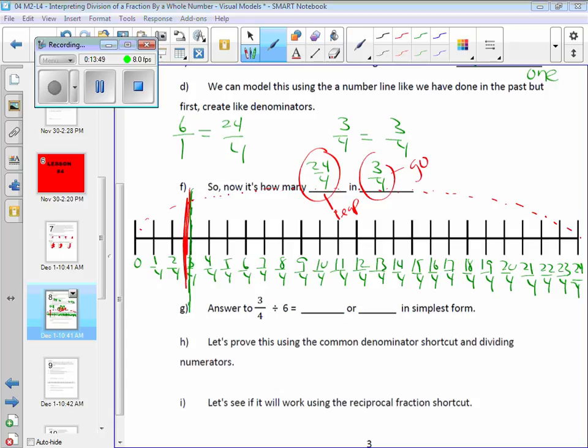Steppy, what do you have? How much? Not 2 fourths. Amanda?